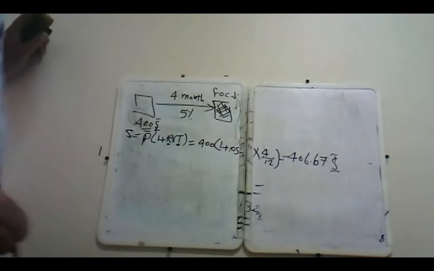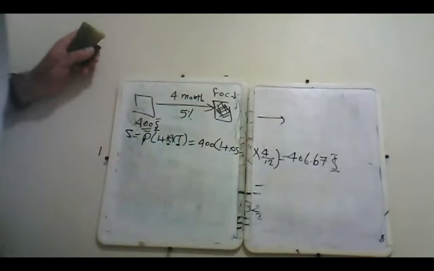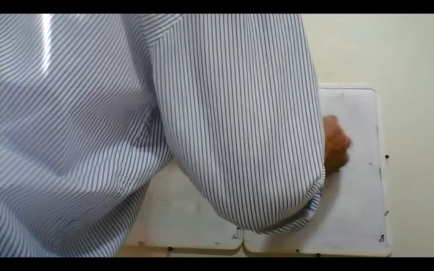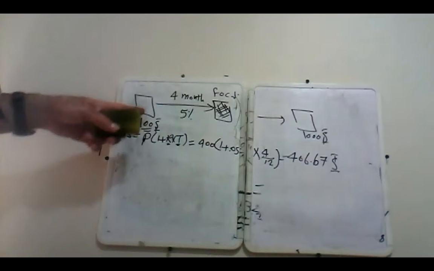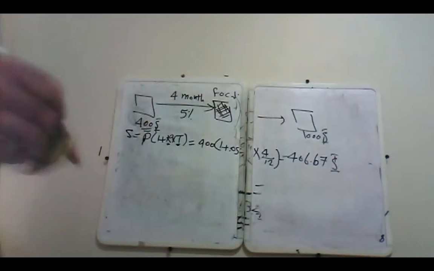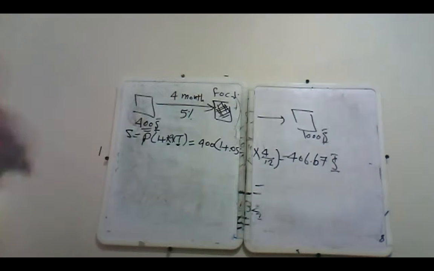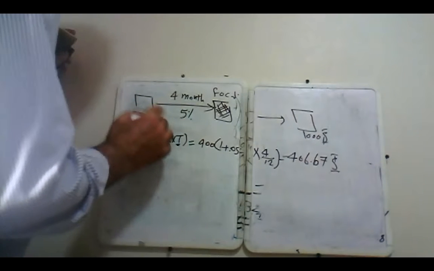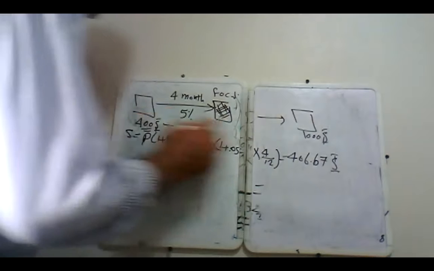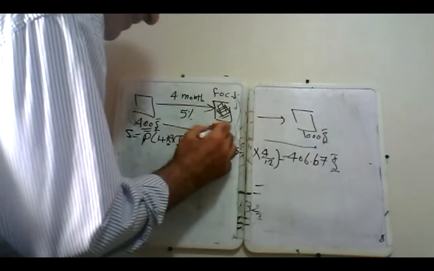How about the second amount? The second amount is $1,000. But when is this $1,000? It is after 6 months from now, from the time of the 400. From here to here, those two points is 6 months.